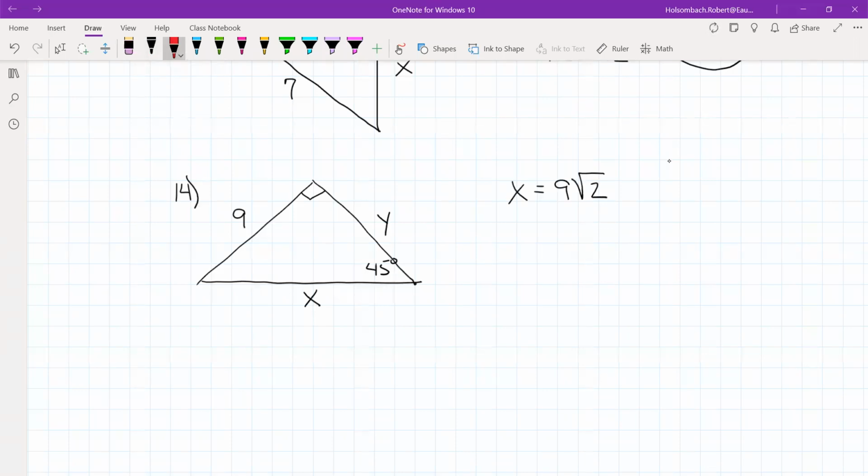And in a 45, 45, 90 right triangle, the legs are congruent to each other. So y is equal to 9. All right, and then we've got a couple questions left here.